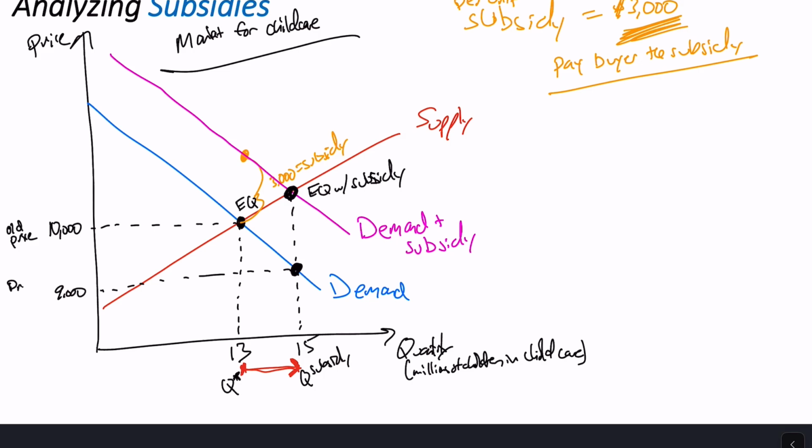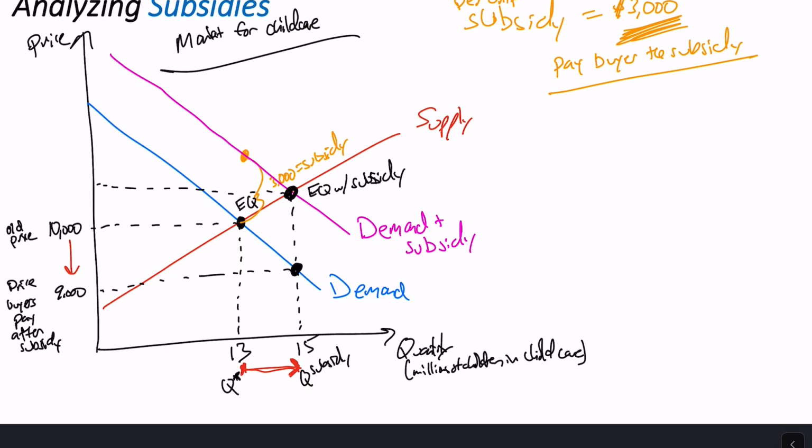And this is going to be the price buyers pay after subsidy. So it's cheaper. A subsidy is going to make the price of this thing go down for the buyer by $1,000. That's what's making them want to buy more. It's cheaper. Okay. Now the seller, take our quantity 15 up to the original supply curve right there.